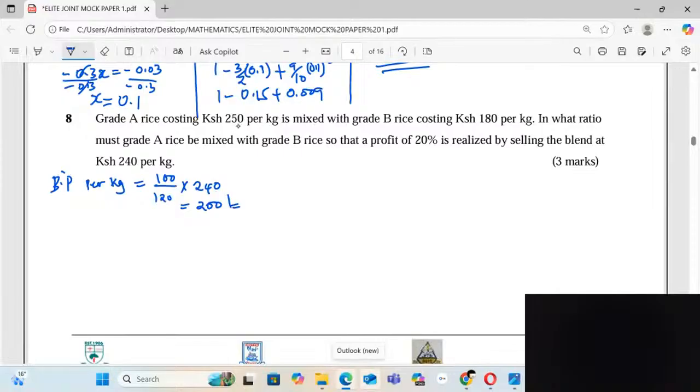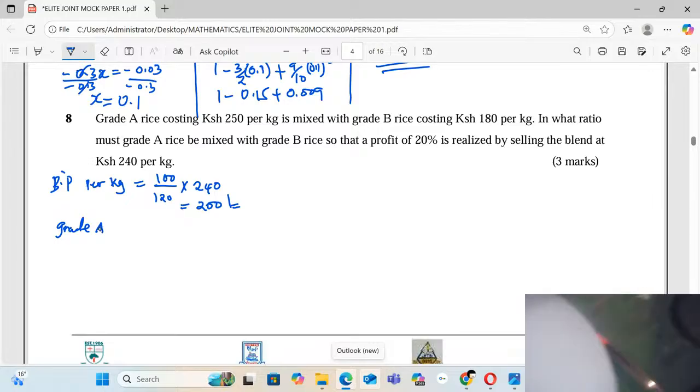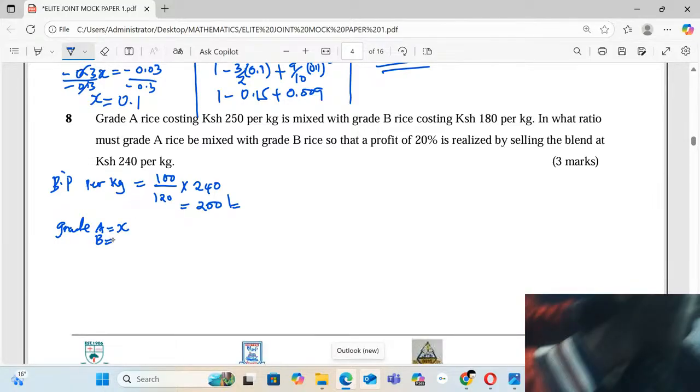Now we have this one, 250 per kg for grade A and 180. They are mixed so that when they are mixed, the price goes at 200 for the two. So taking, let's say grade A, let's give it X, and B, we give it what?